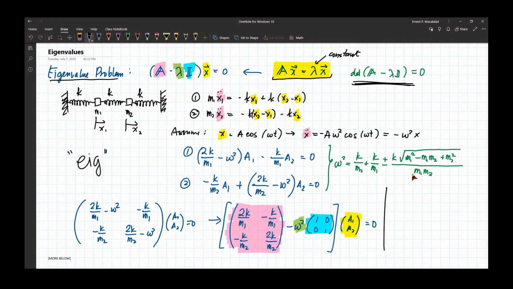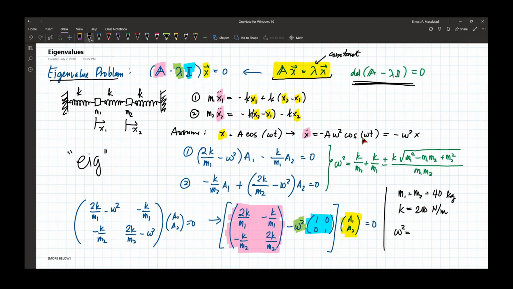Okay, but in the meantime, let's have an example. So for example, let's say M1, M2 is equal to 40 kilograms. So that means your two oscillators have the same mass. And then the K would be 200 Newton per meter. Can somebody give me omega squared based on this equation?